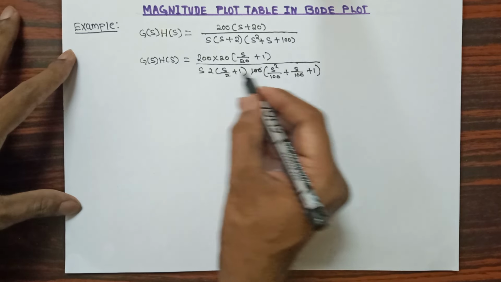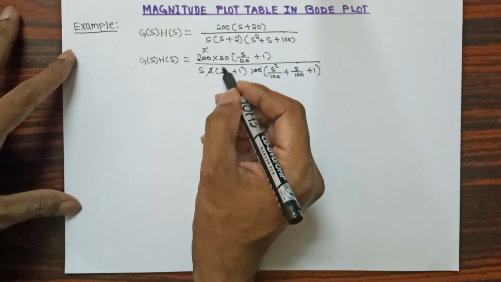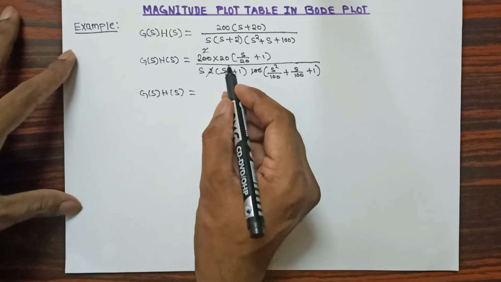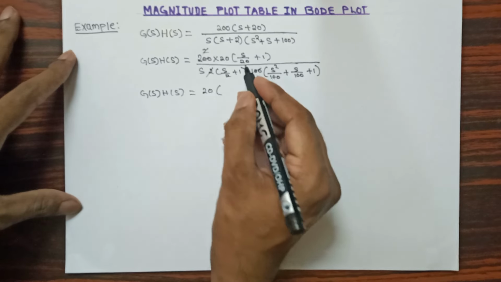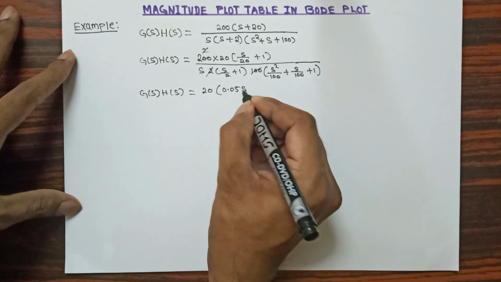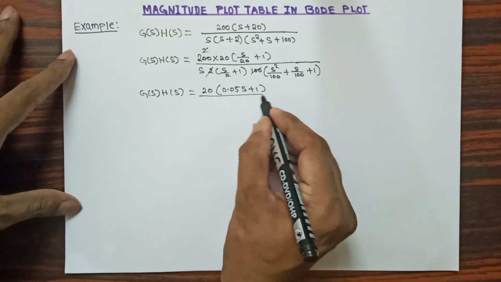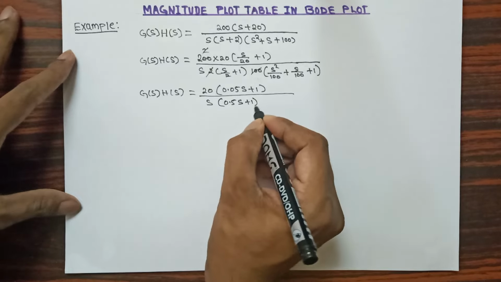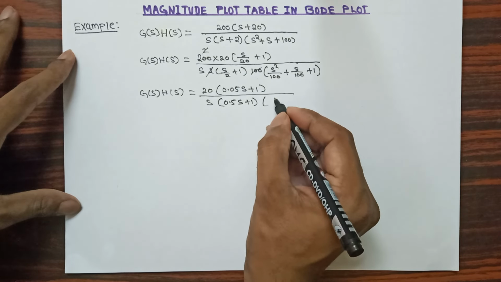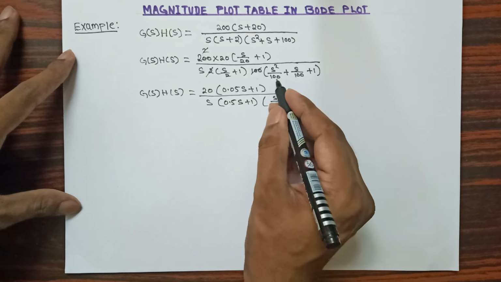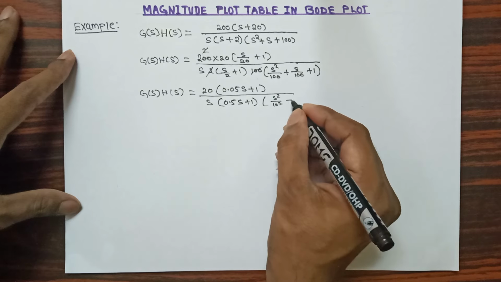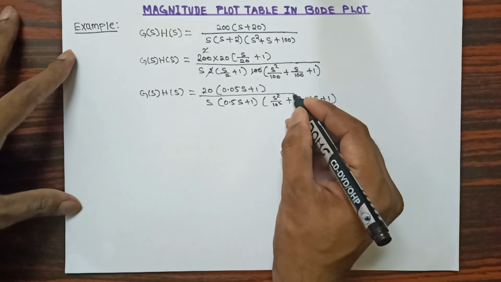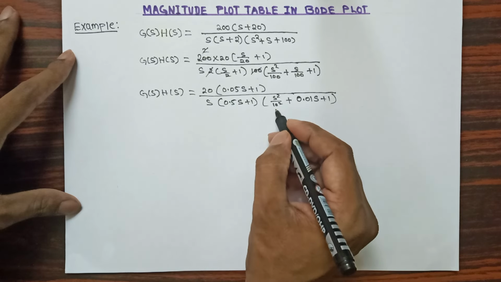Now this 100 and this get cancelled, and this 2 and this 2 get cancelled, so we are going to get G(s)H(s) is equal to 20 into (1 by 20 is 0.05 s plus 1) divided by s as it is, s by 2, that is (0.5 s plus 1), and in this we can write s square by 10 square, that is 10 square is 10 into 10, 100, plus s by 100, that is 1 by 100, I can write 0.01 s plus 1, and this next can be written as (s by 10) whole square.